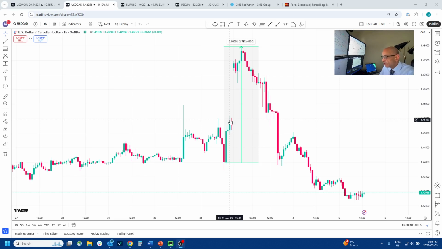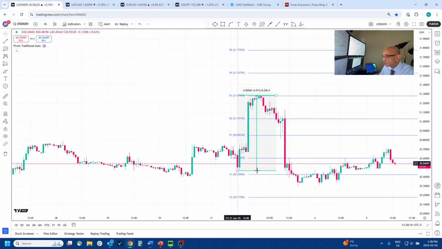The chart we are looking at shows how the US dollar rose against the Canadian dollar, and this next chart shows how the US dollar rose against the Mexican peso.